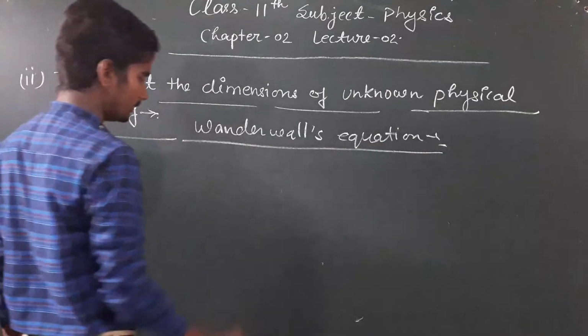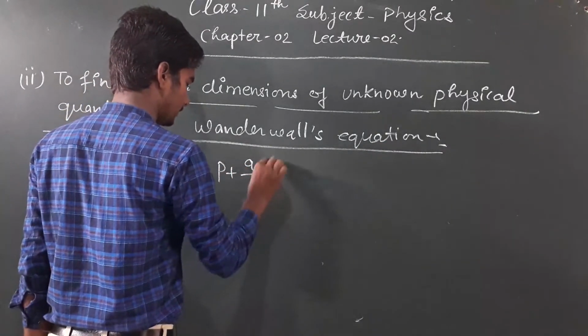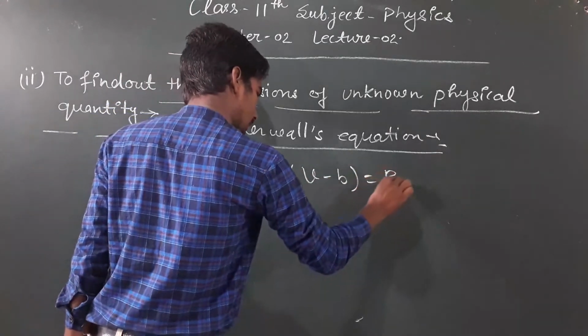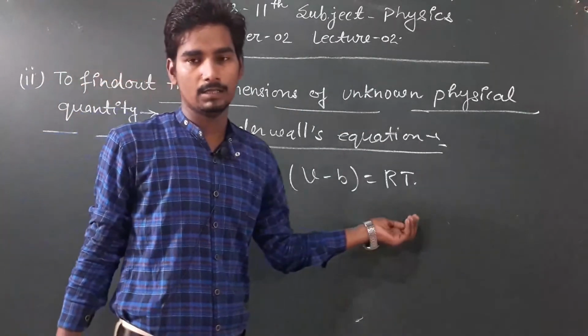What is the van der Waals equation? It is P plus A upon V square, times V minus B, equals R T. This is the modified version of the van der Waals equation.